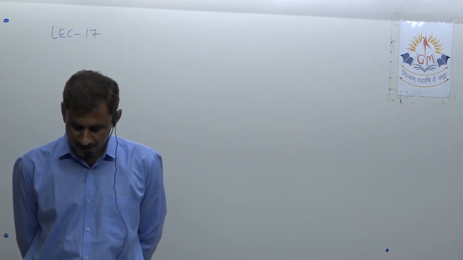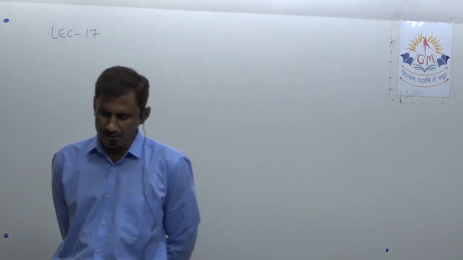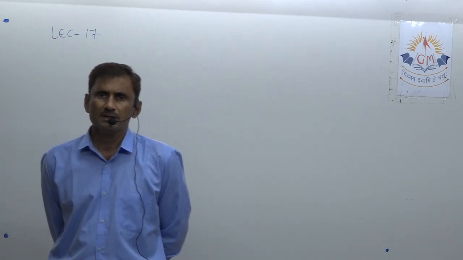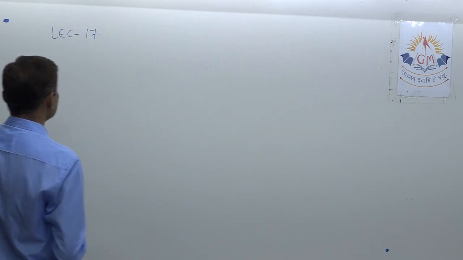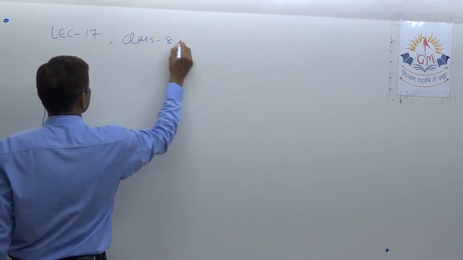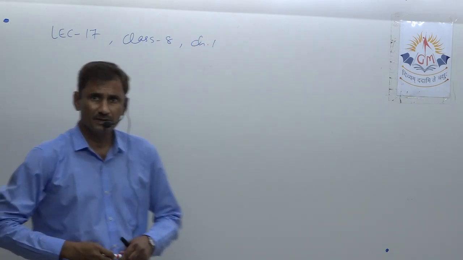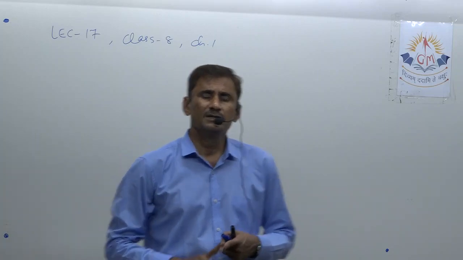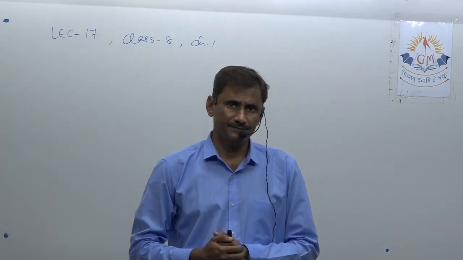Number 3, is 0.3 the multiplicative inverse of 3 integer 1 by 3? Why or why not? To check whether they are multiplicative inverses or not, just find the product. If the product is 1, then obviously they are multiplicative inverses of each other.